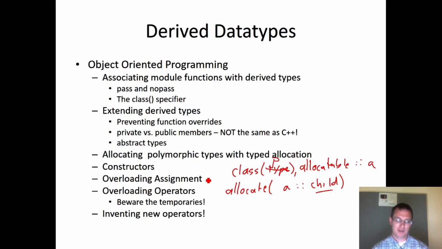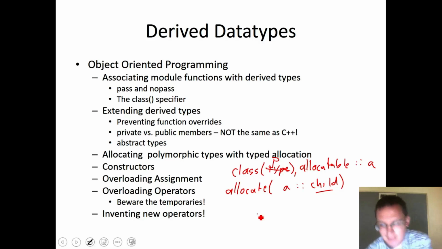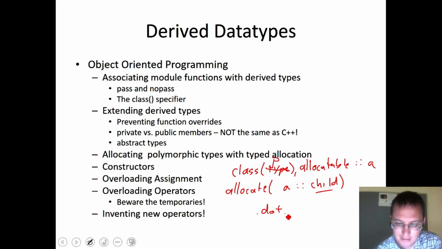You can overload the assignment operator. You can overload plus and minus and multiply and divide. You can overload any of the default math functions, square roots, cosines, sines, all that fun stuff. You can actually invent new operators using the dot syntax. This isn't really necessary, but if you wanted to implement a dot product between two of your vector classes, you can invent one called dot, and then you can say A equals C dot B, like so.